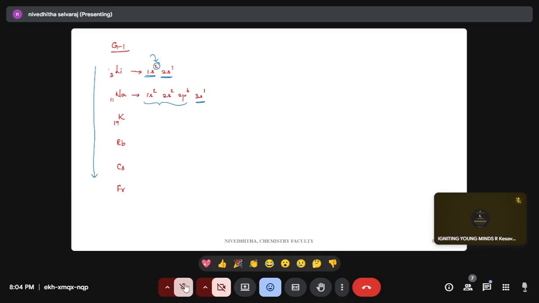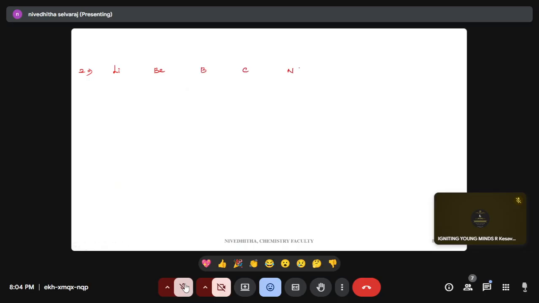So let us take the second period elements. Second period elements are lithium, beryllium, boron, carbon, nitrogen, oxygen, fluorine, neon. Atomic number of lithium is 3, then 4, 5, 6, 7, 8, 9, and 10.